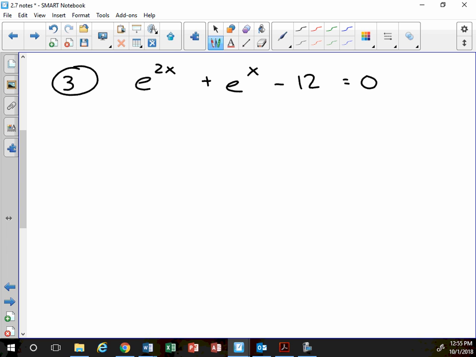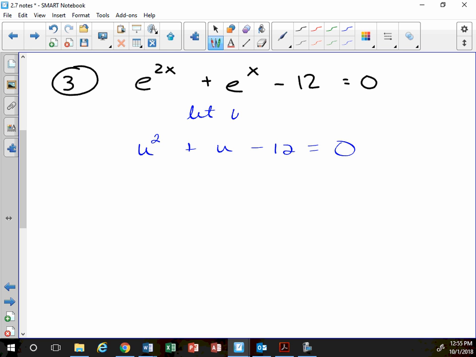With it being e to the 2x, e to the x, negative 12, I see this as u squared plus u minus 12. If I had just given you that, would that be easy to solve? Yes. What I've done is a simple substitution.